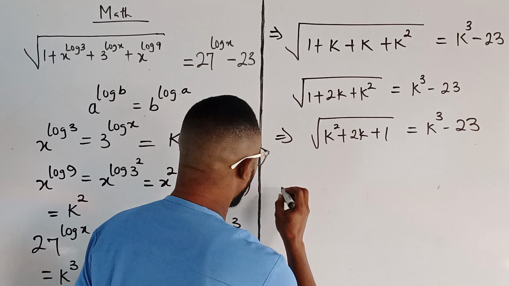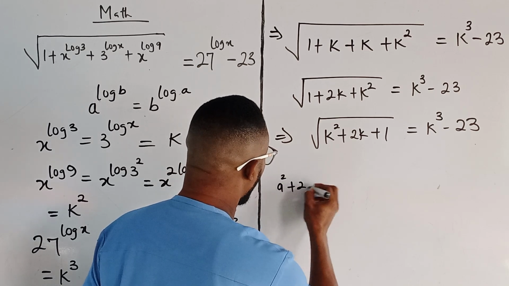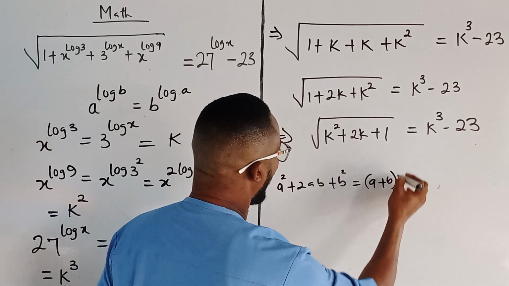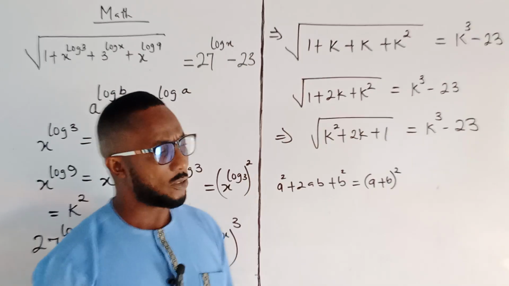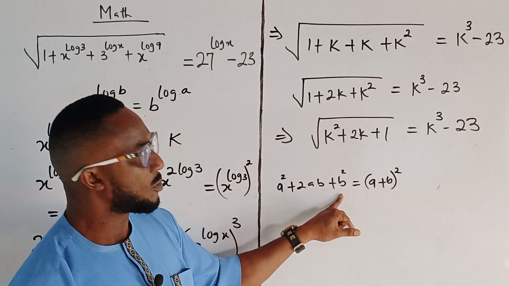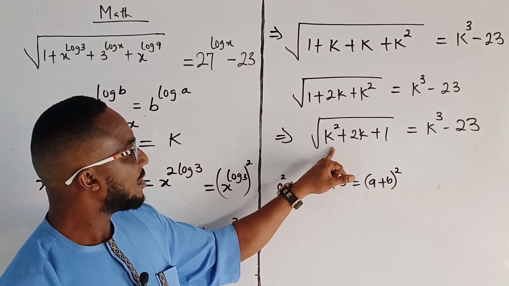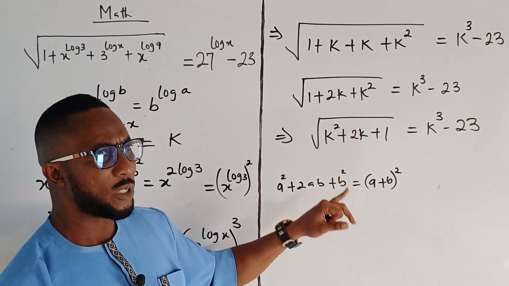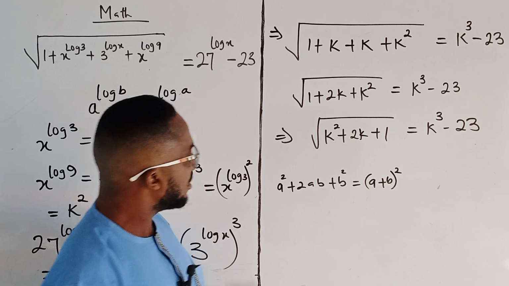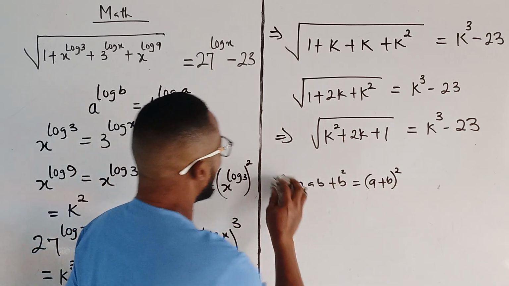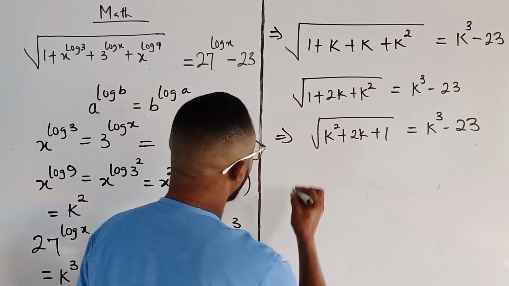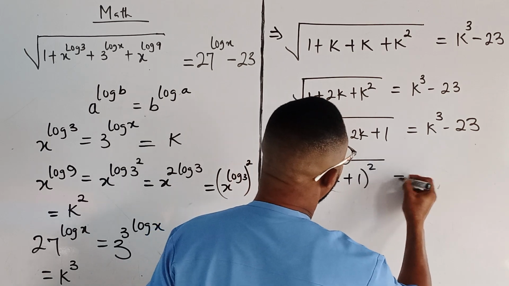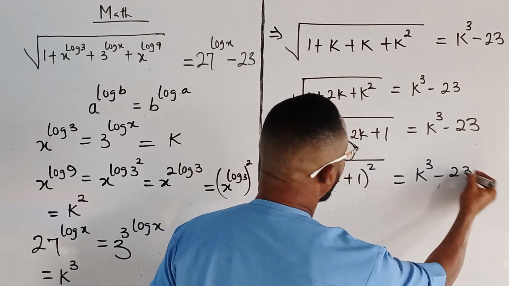We know that a squared plus 2ab plus b squared equal to a plus b all squared. So if our a is k, then our b will be 1. That will be k plus 1 all squared. That makes sense. So if you compare this, we can then write the square root of k plus 1 all squared equal to k cubed minus 23.